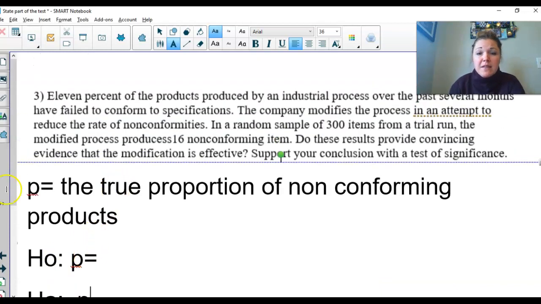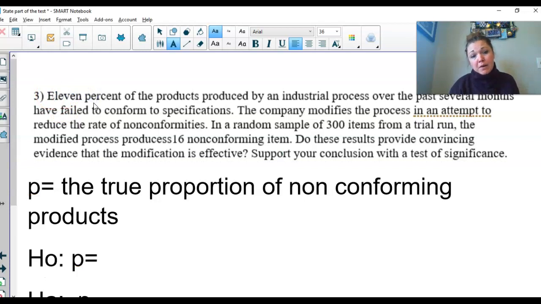Now, do they give us a claim? We see this 16 out of 300, but we're not gonna use that. Why are we not gonna use that? That's our evidence right now. That's what we use later. That's our statistic. 16 out of 300 is describing the sample. We want the parameter. The parameter is describing the entire population. 11% right now is that parameter, okay?